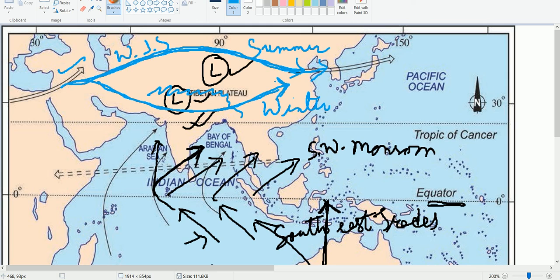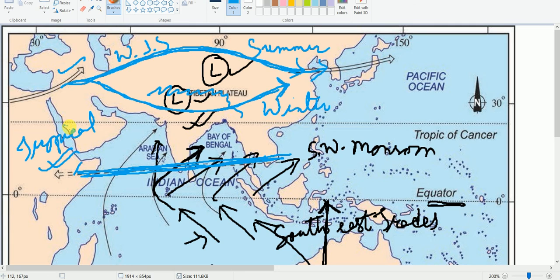And during this time, one more jet stream is blowing here over the southern part of the Indian subcontinent, and this is known as the tropical easterly jet stream.